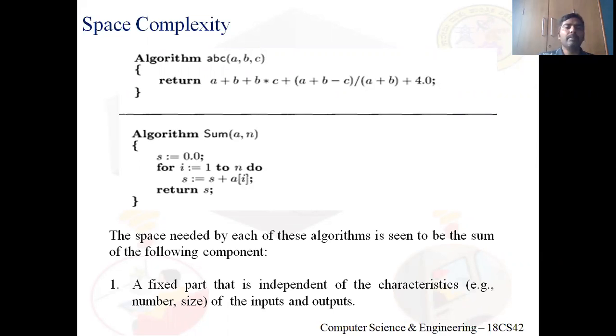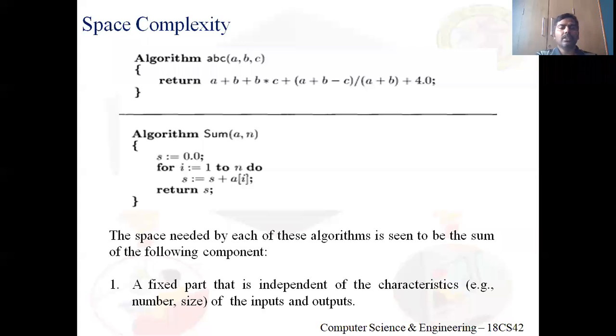Compared with the first algorithm, apart from variables like A, B, C, here S, I, N, there is an array whose size is going to vary in each execution, because I may give any number of elements.